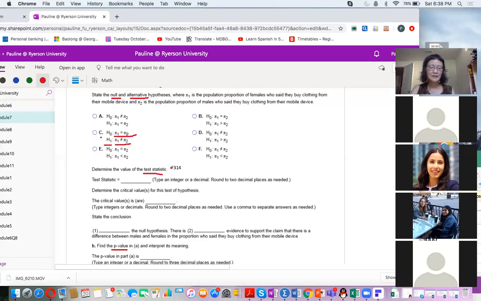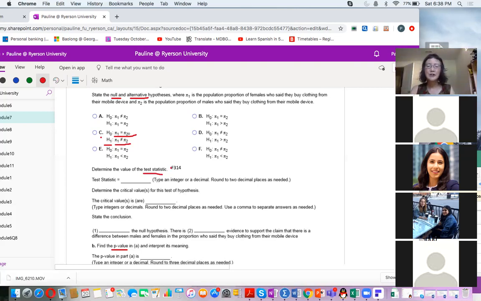So anyway, when you compare population 1 proportion with population 2 proportion, there are 3 symbols on the bottom of your calculator, okay? What are those 3? You have not equal, smaller, greater, okay?